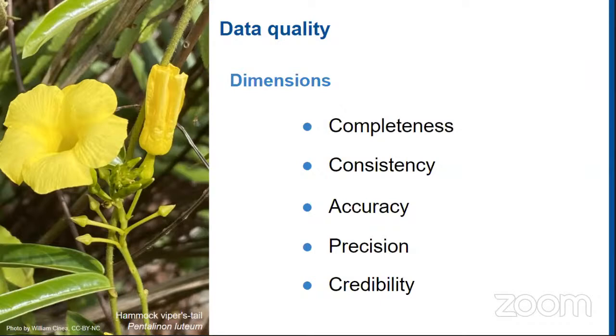And accurate means that it's actually reflecting the real facts, the real values. And then there is another dimension that is credibility. This one is important because people need to trust the data. And we will see in a couple of slides that part of that trust comes from openly declaring all the processes that we apply to the data and providing that documentation openly.